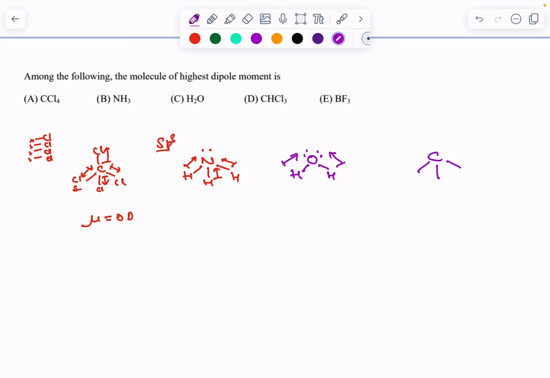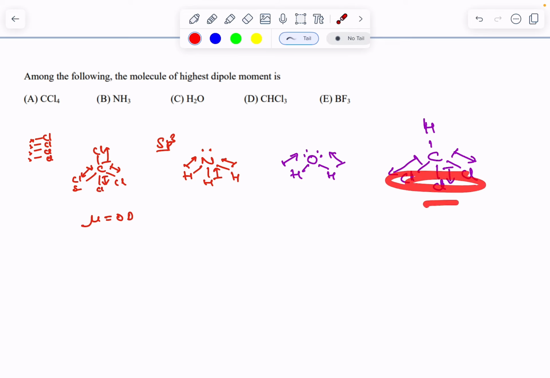carbon is also sp3 hybridized, tetrahedral structure. Cl here, hydrogen here. Chlorine is more electronegative than carbon, so overall there is a dipole moment towards the chlorine atom. Here negative charge, here positive charge. Between hydrogen and carbon, carbon is more electronegative, so negative charge is pulled towards the carbon.